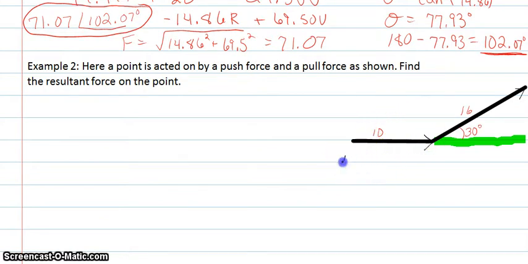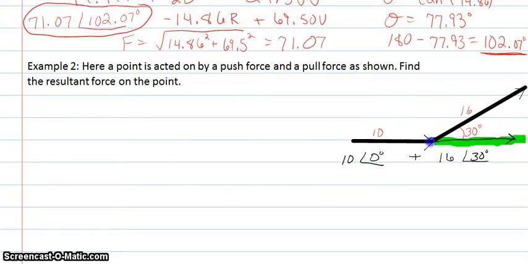So you could write that as 10, 0, and then this one here is 16, 30 degrees.